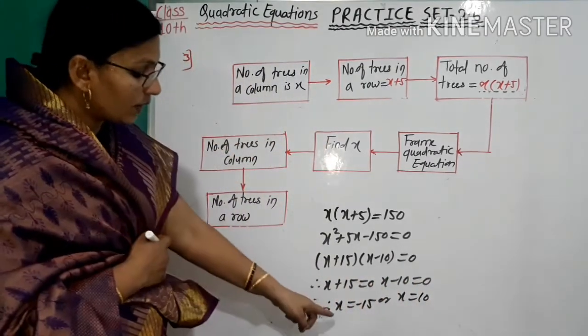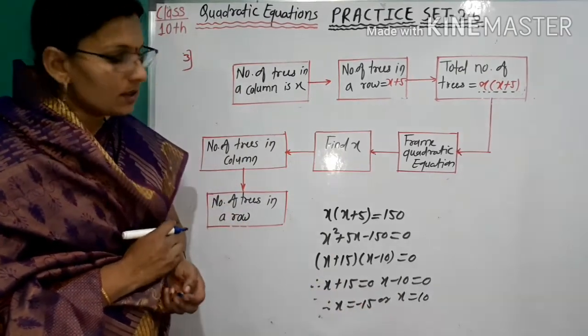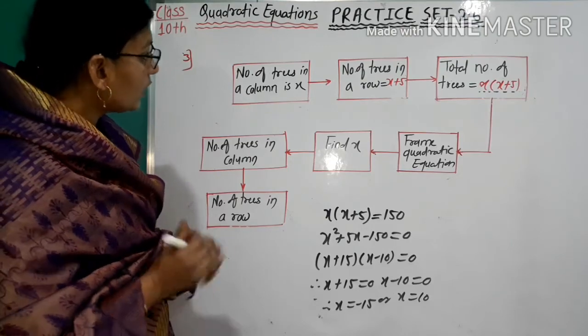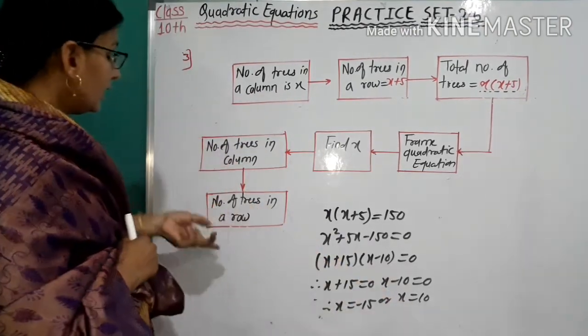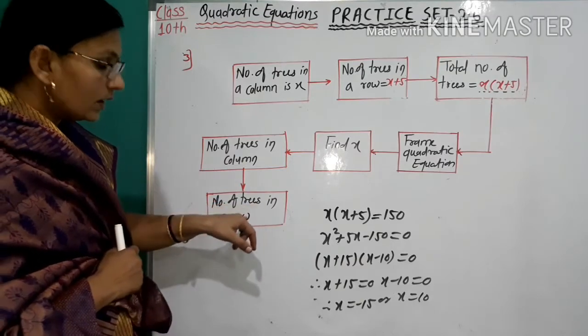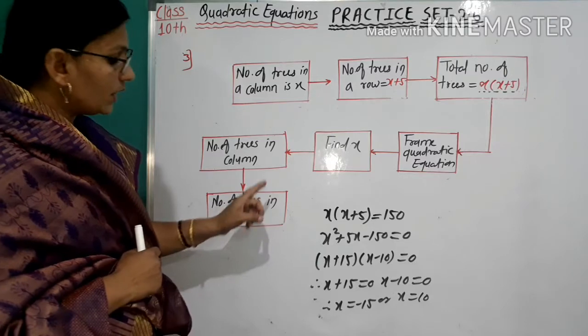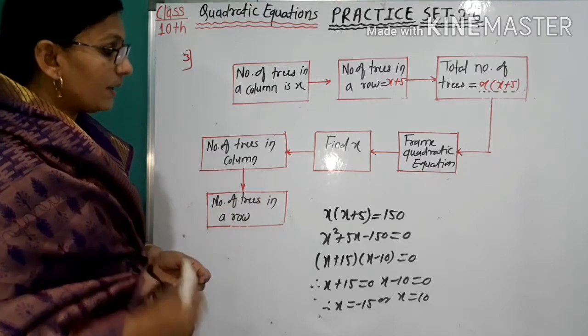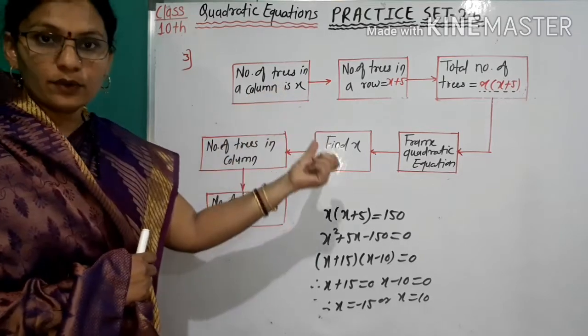Observe here, the number of trees x equal to minus 15 is not acceptable. So the number of trees in a column x is equal to 10. Then similarly the number of trees in a row, that is x plus 5, is 10 plus 5 equal to 15. In this way you can solve this example with the help of the flowchart.